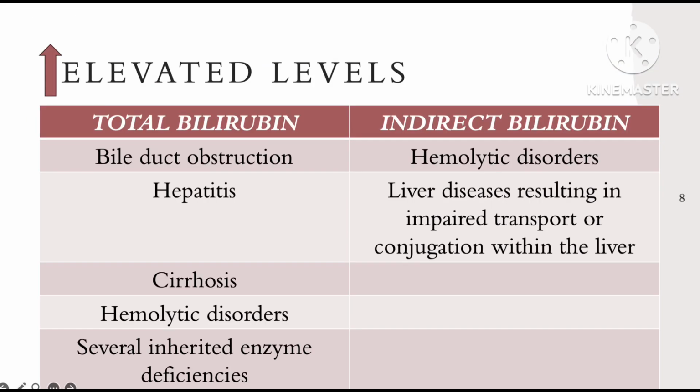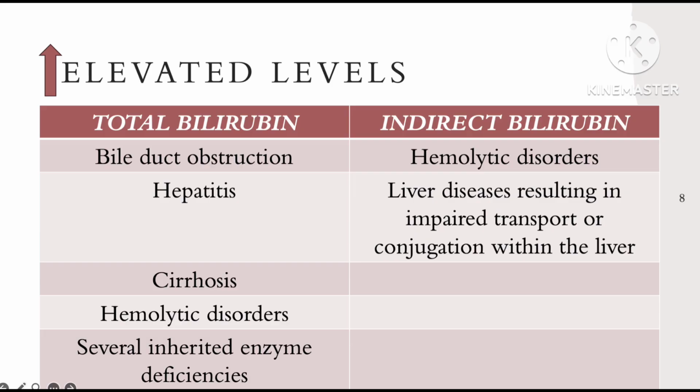So for those that have my notes, these are the corresponding diseases that would happen if there are elevated levels of total bilirubin and also elevated levels of indirect bilirubin. Kindly familiarize yourselves with the difference. It's rather obvious that if the reason is prehepatic or hemolytic, indirect bilirubin would be elevated.